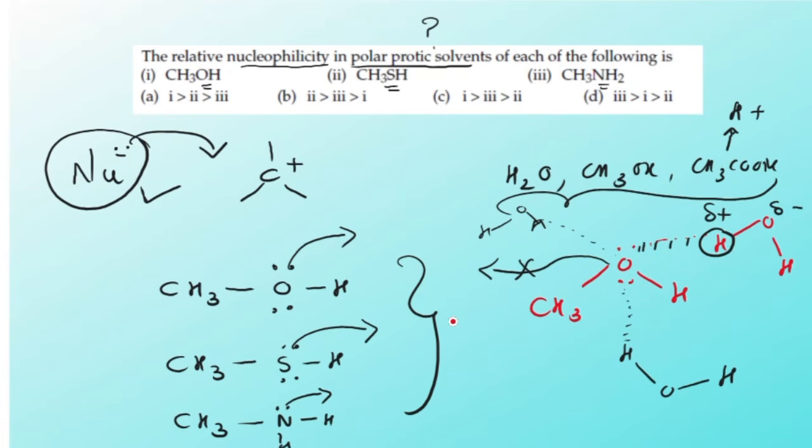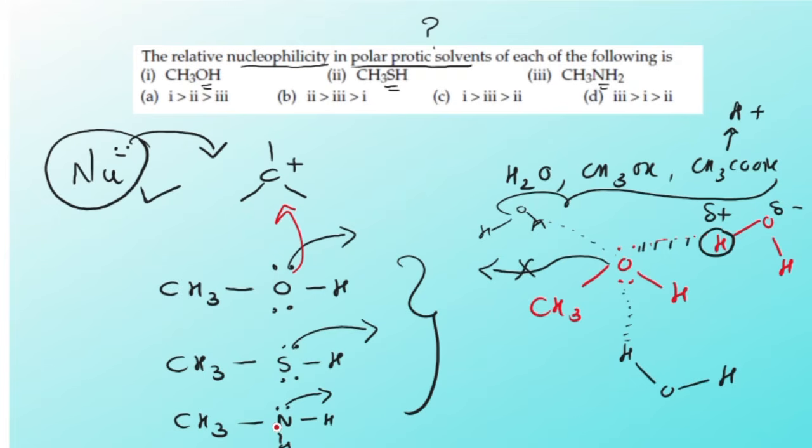Because of this, the nucleophile must shed the solvent shell to attack the electrophile. The smaller the size of the atom, the more it is deactivated because of this hydrogen bonding.